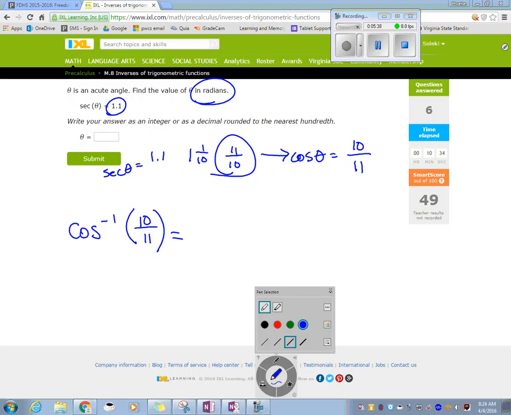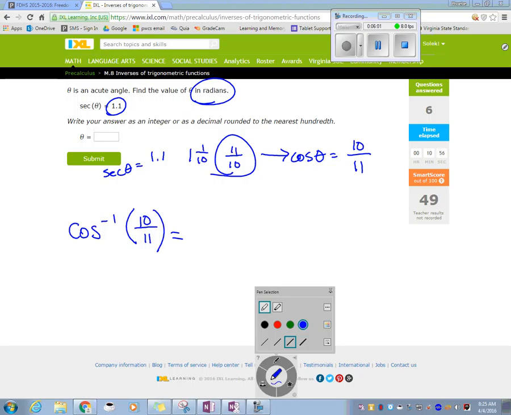Changing your mode is the first task. And then we're going to put the inverse of cosine there. And it is 10 over 11.